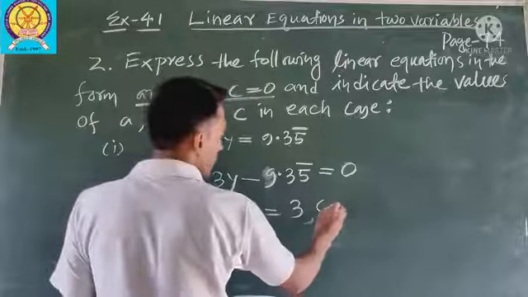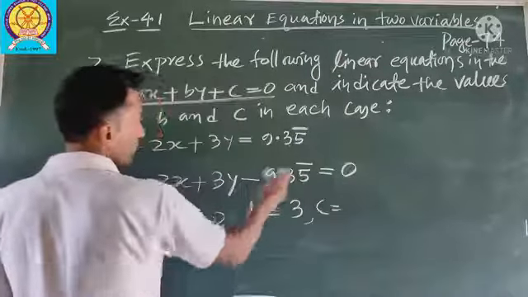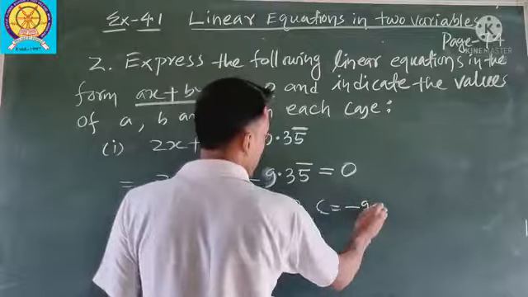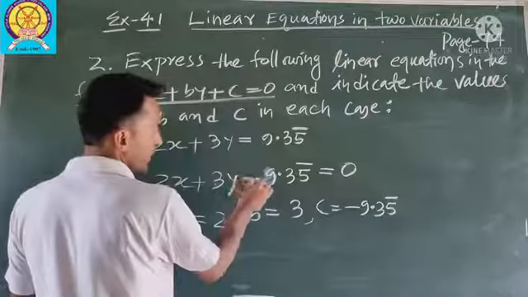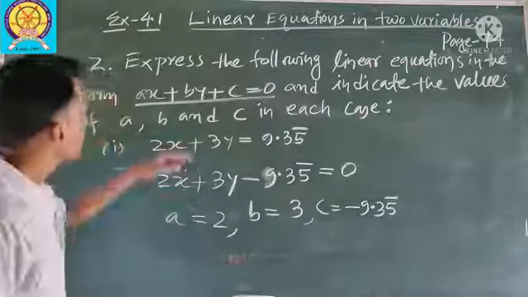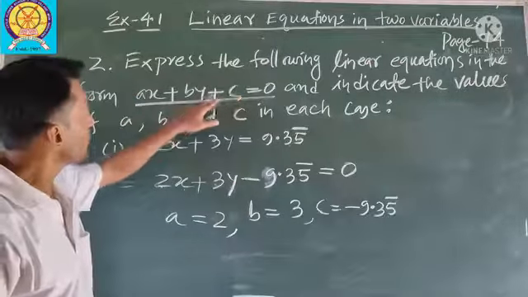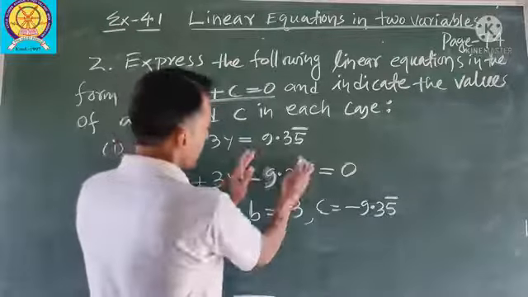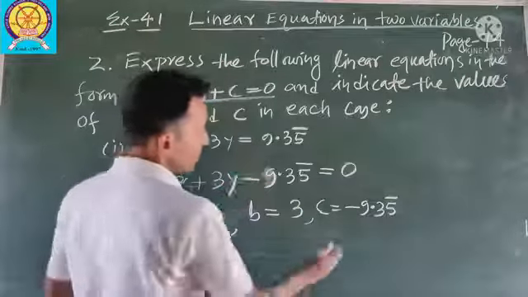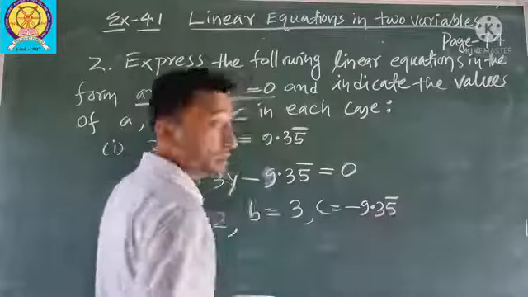In place of c, here what is there? Minus 9.35 bar. You have to take this negative sign also, because in your general form before c what is there? Plus sign. So you have to take this negative sign also in the value of c.